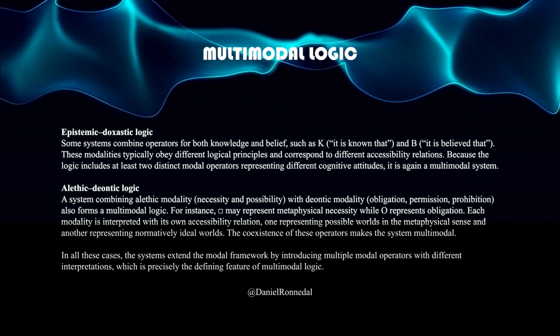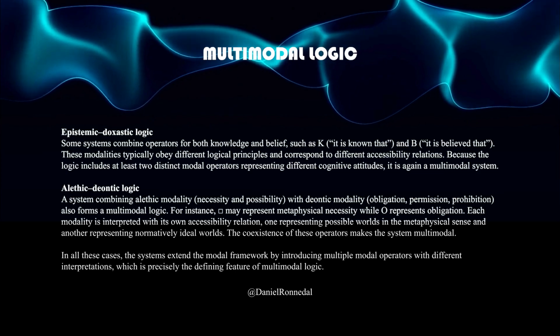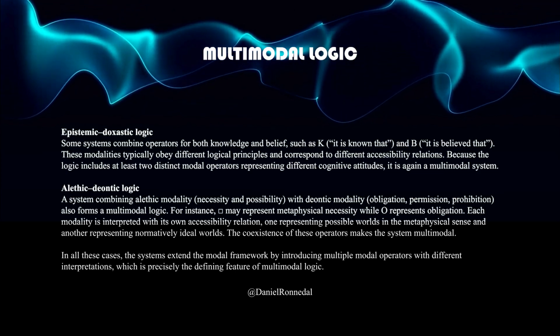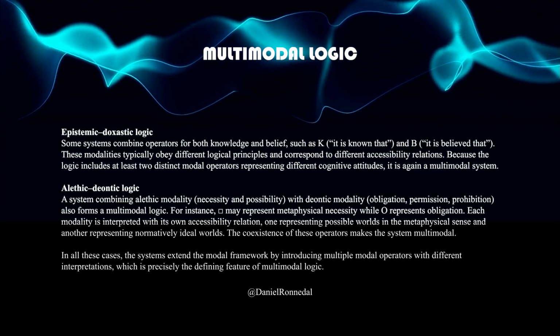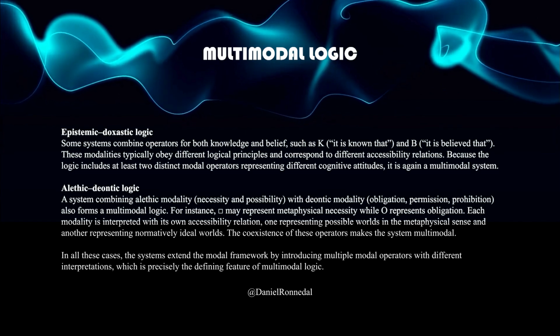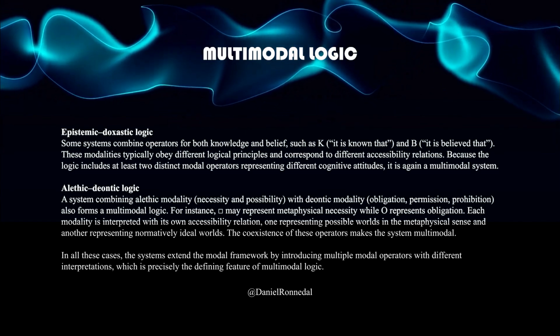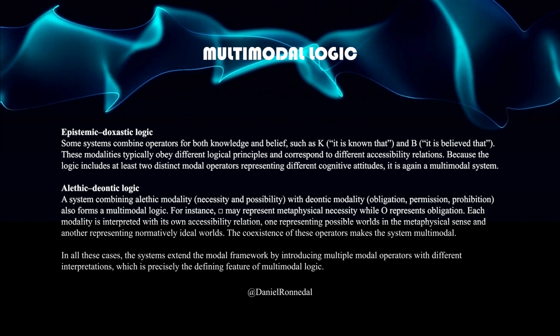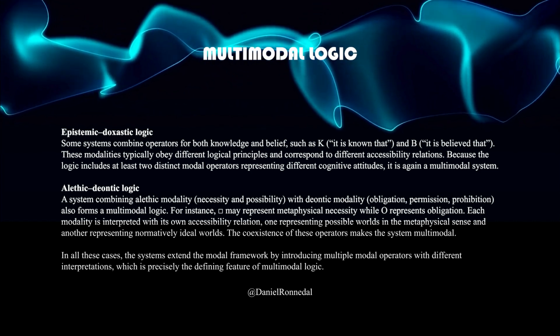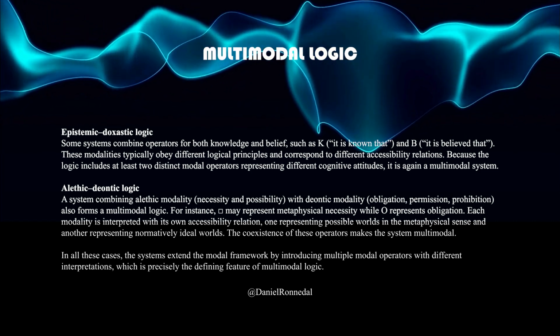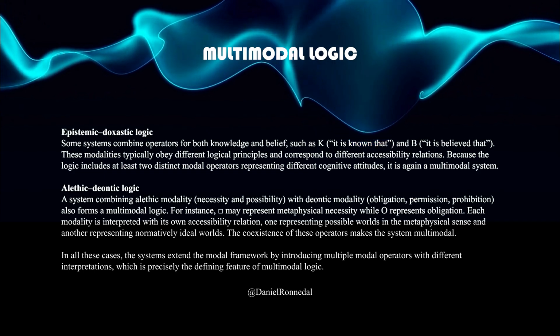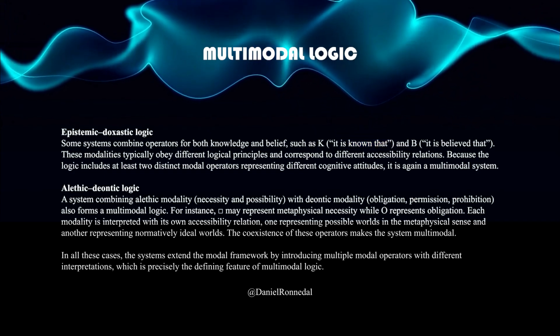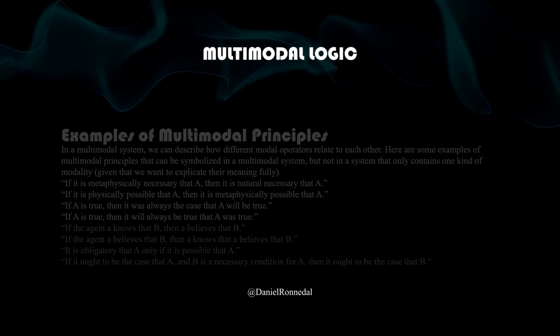Each modality is interpreted with its own accessibility relation, one representing possible worlds in the metaphysical sense, and another representing normatively ideal worlds. The coexistence of these operators makes the system multimodal. In all these cases, the systems extend the modal framework by introducing multiple modal operators with different interpretations, which is precisely the defining feature of multimodal logic.